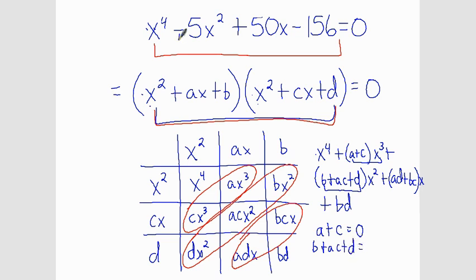That would equal the -5 here. We've got the ad plus bc. That would equal the 50 here. And finally, we've got the bd. That equals the -156.